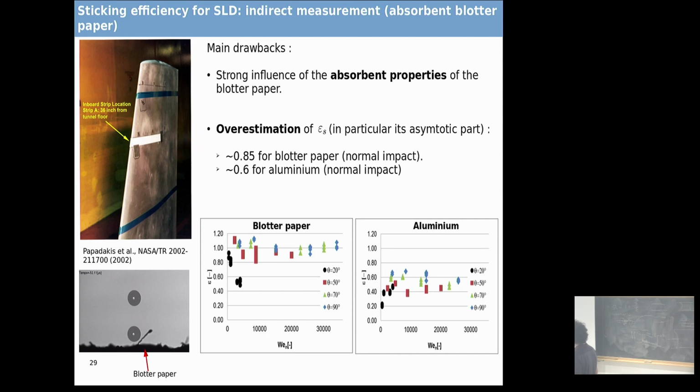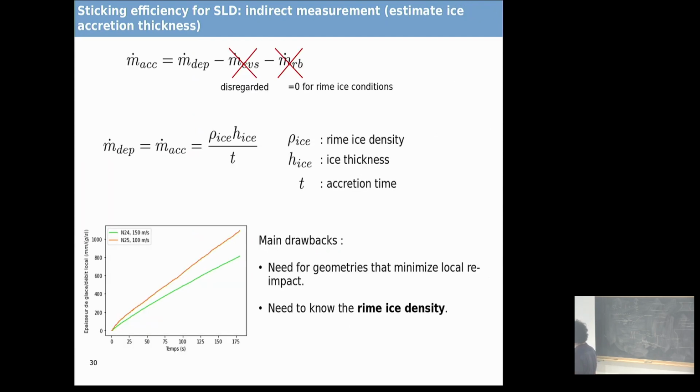What is a bit embarrassing, to be honest, is that the blotter technique has been the pioneering technique to estimate the sticking efficiency for, I would not say decades, but not so far. So when we realized that there was so much influence, all the sticking efficiencies had to be recalibrated.